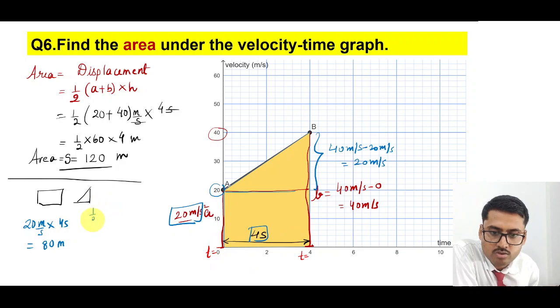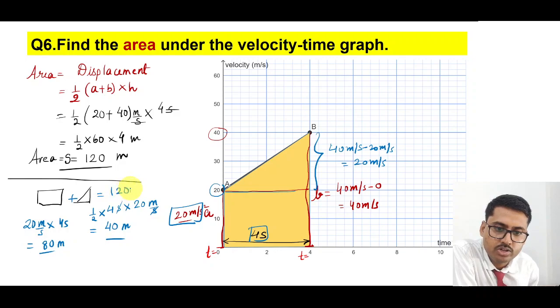This is half into base 4 seconds into height 20 meter per second. So if I again cancel second and second and calculate the value, this is 2 into 20, that will be 40 meter. And if I add the area of the rectangle and the triangle, you can see this is 80 plus 40, that is 120 meters.